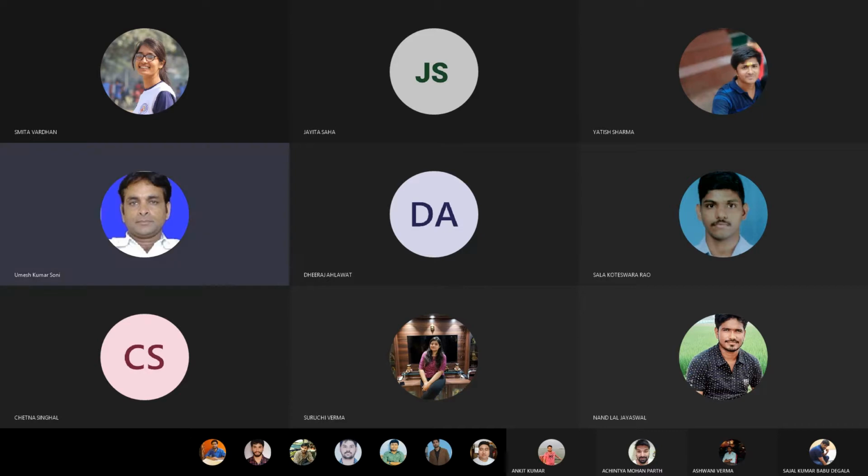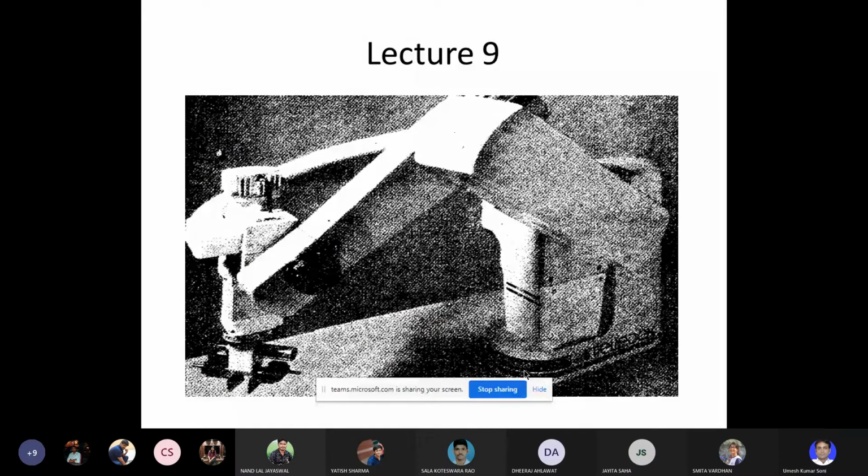And today we will derive the homogeneous transformation matrix for this robot. So here in this robot you can see one horizontal joint and one assembly in which two axes are at the same place and there is no length between them.